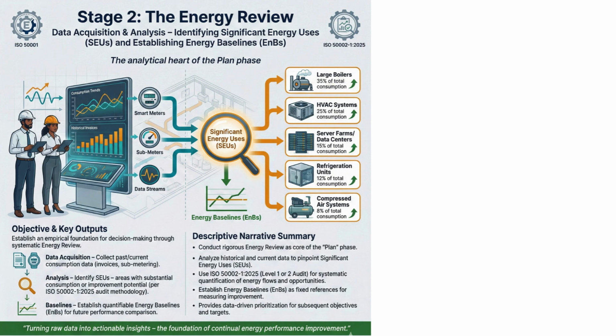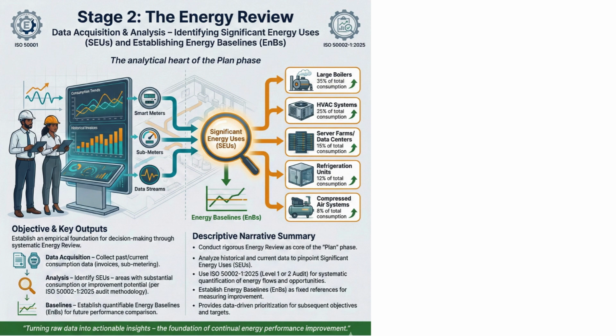From this analysis, we isolate the significant energy uses, or SEUs. These are the processes, equipment, or areas that either account for the bulk of consumption or offer the greatest improvement potential. Think big boilers in a factory, server farms in a data center, or refrigeration in a cold storage facility.